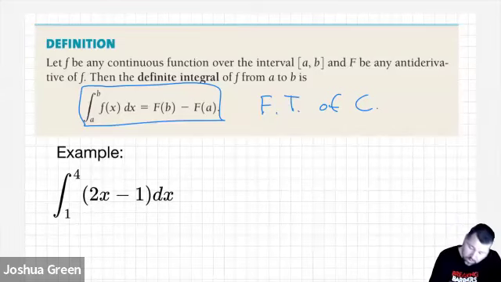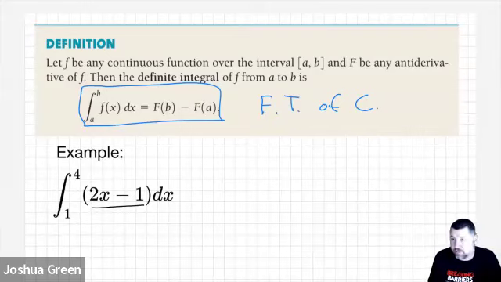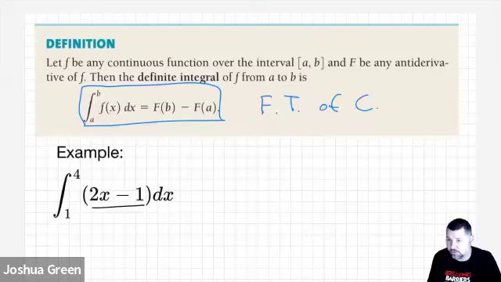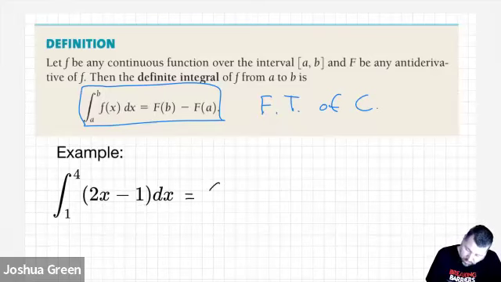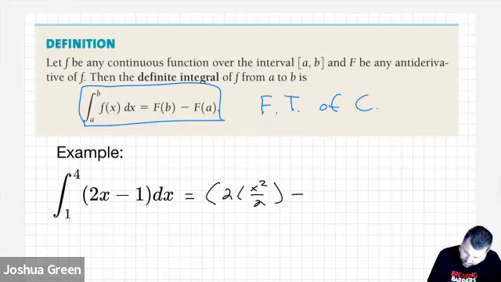Now, the way that we'll work that out is to first recognize that that's a linear function. So lines are continuous, right? The only exception there would be a vertical line that we have to be careful of, but here we have one with a slope of 2, so we're good. That means we can definitely go in and evaluate this integral. So we'll say 2 times x squared over 2 minus 1x.